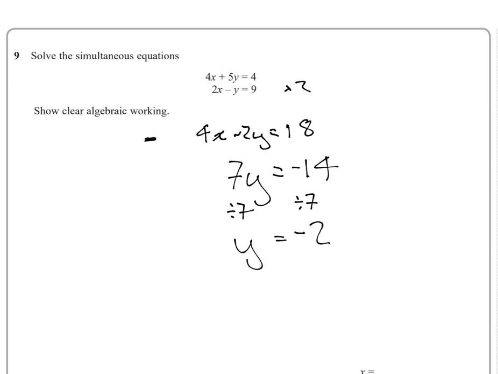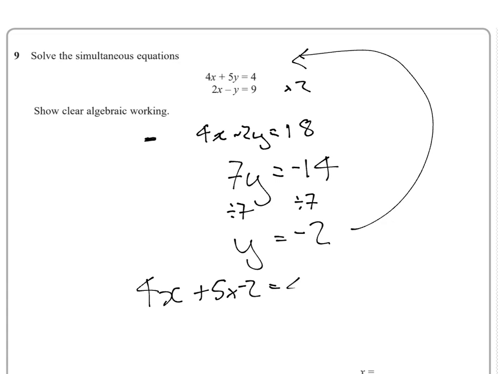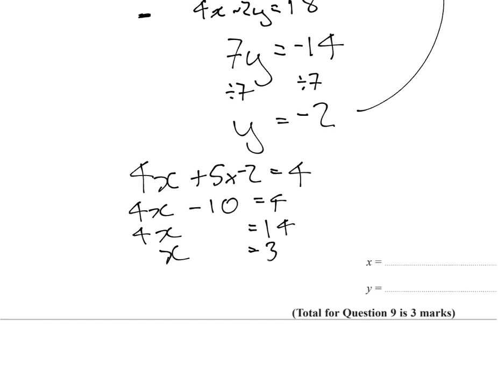Put that back into the top equation. 4x plus 5 times minus 2 equals 4. It is 4x minus 10 equals 4. 4x, add 10 to both sides, is 14. So x is 14 divided by 4, which is 3.5.